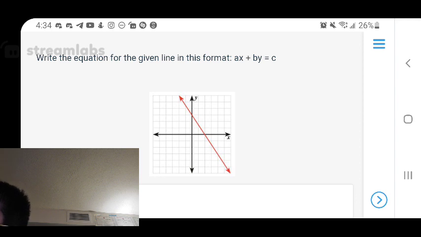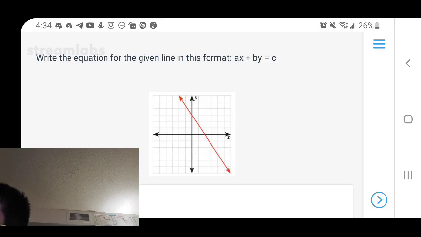M is negative 3 halves. So A is 3 halves, because negative A equals negative 3 halves.